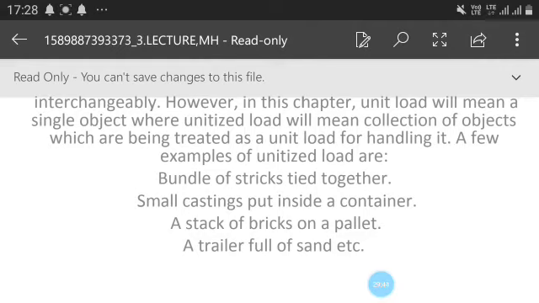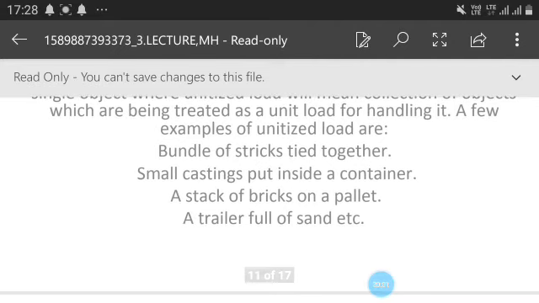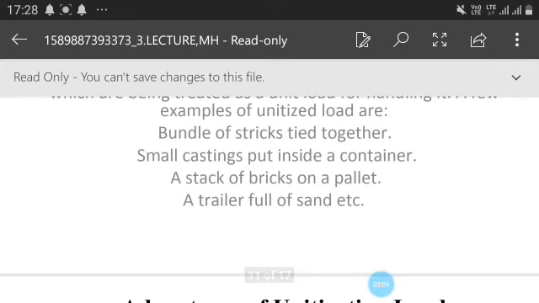Small castings put inside a container. You can see different types of casting materials and also different sub components, small components, different pins, and like these components are put inside a container, and this container can be transferred very easily from one place to another place. Another example is a stack of bricks on a pallet.